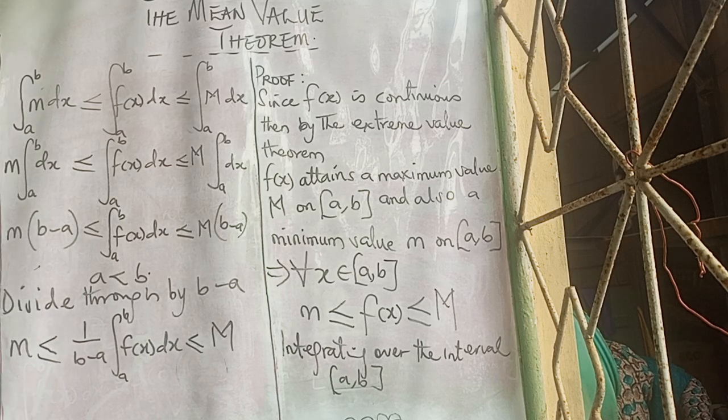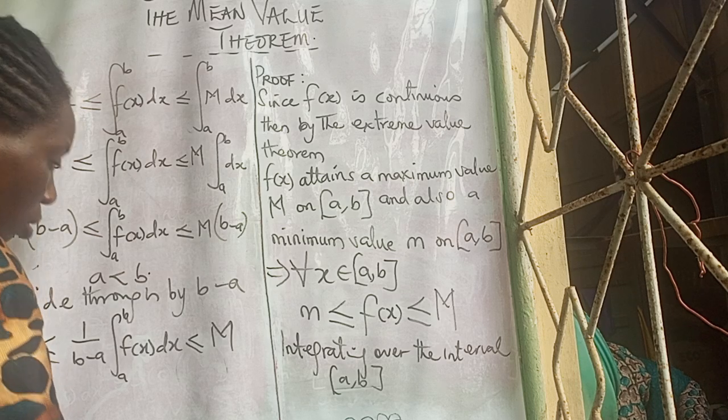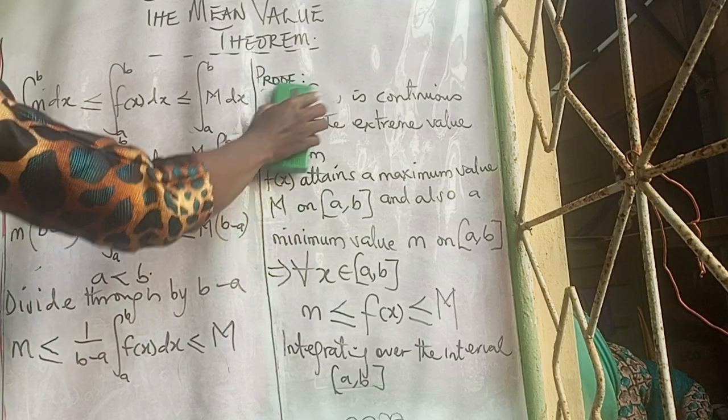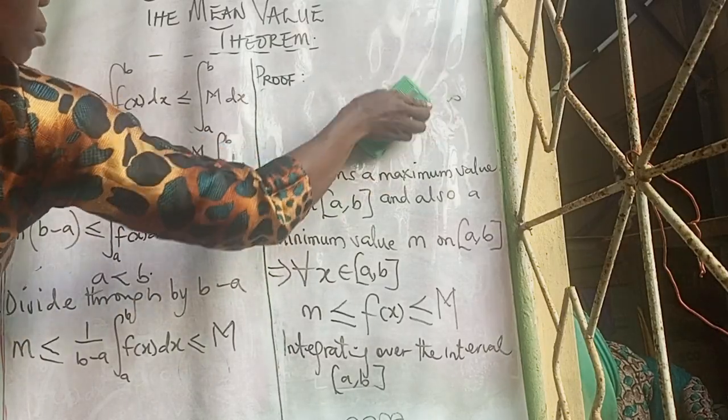Now at this point, we need to make use of another theorem, and that is what we call the intermediate value theorem. How does that come into play here?